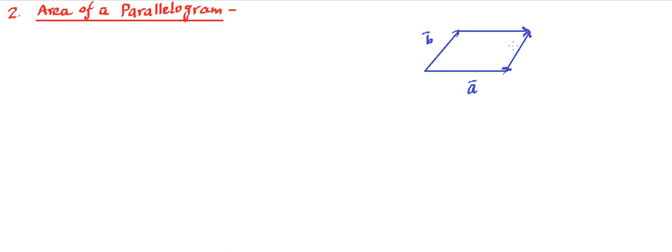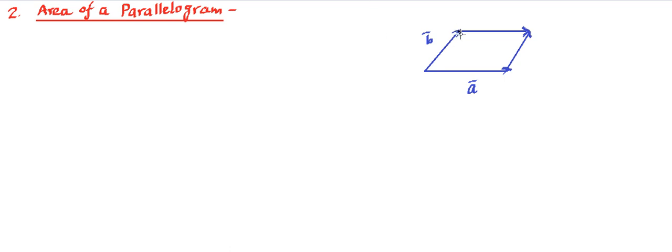Now, if we do this, you'll find this will be a parallelogram. That means a parallelogram can be created just by using two vectors A and B. So if this is a parallelogram, we can find its area.